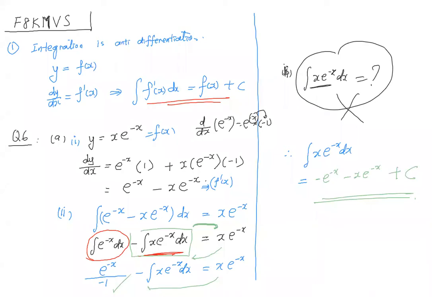Now we just need to equate it. So now, will there be a question asking you to integrate without going through this step? Yes. So we have to know the rules for integration. Do you still remember all the rules for integration? The rules for integration are not as complex as differentiation, correct?